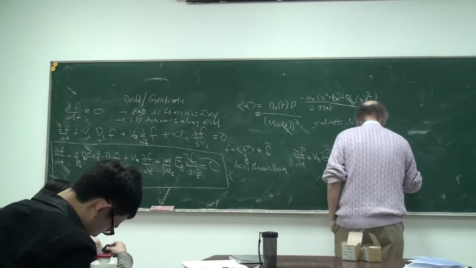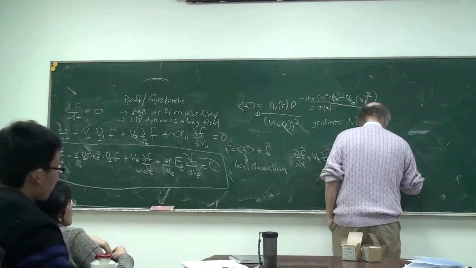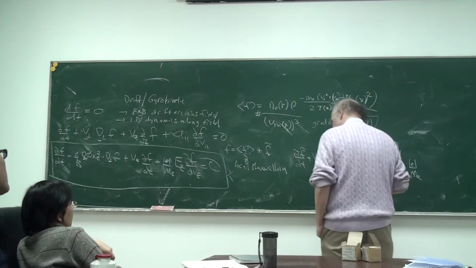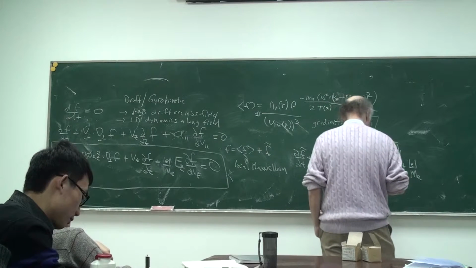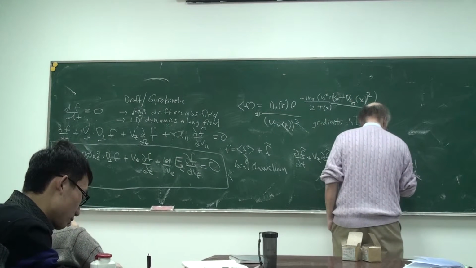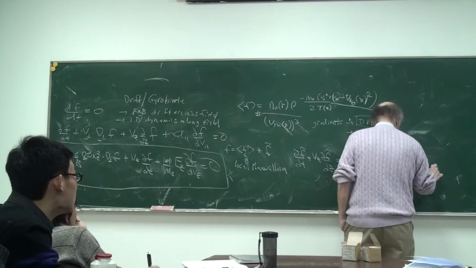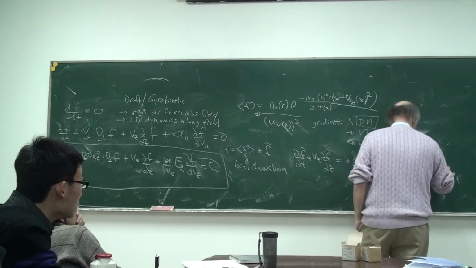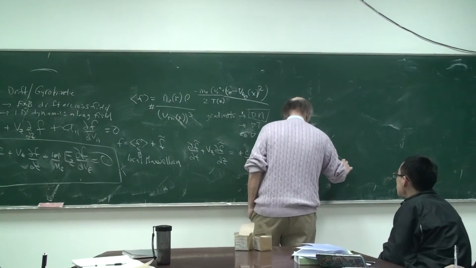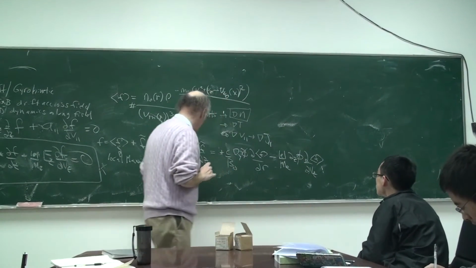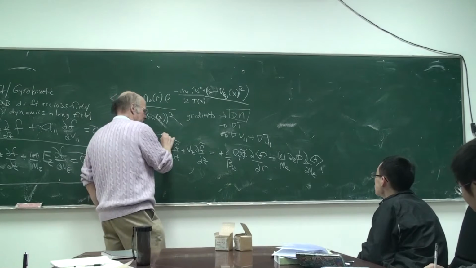And I'm going to have plus e over me times, because I went to the other side, and then I'm going to bring back a minus d by dz of phi times d by dvz of f average. Right, so that's my linearized drift kinetic equation.